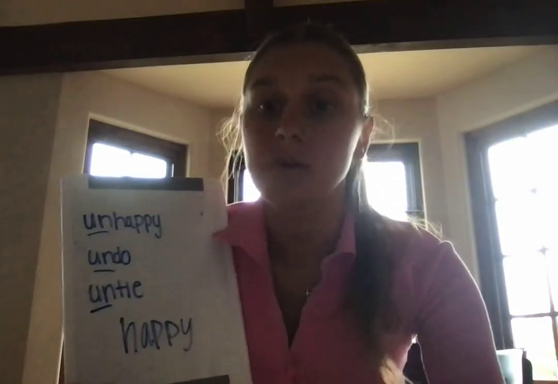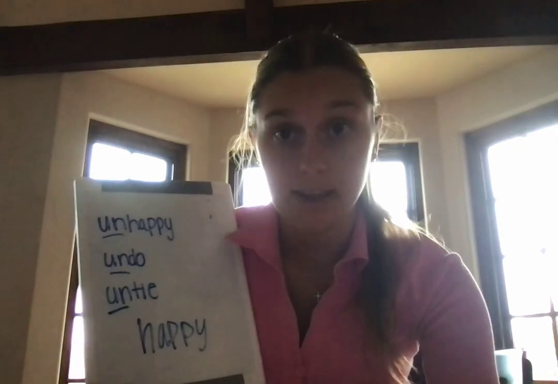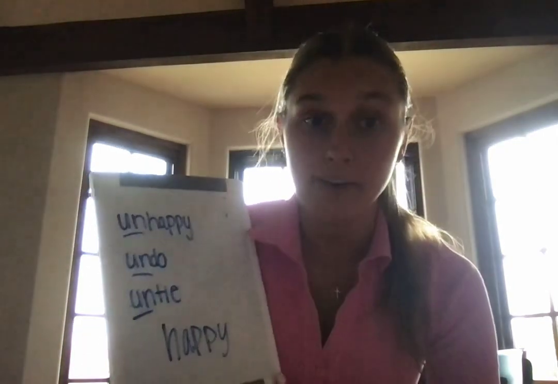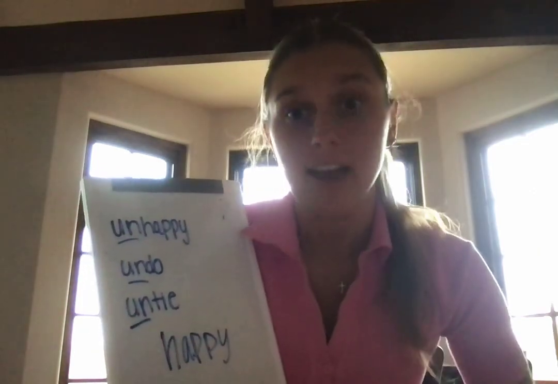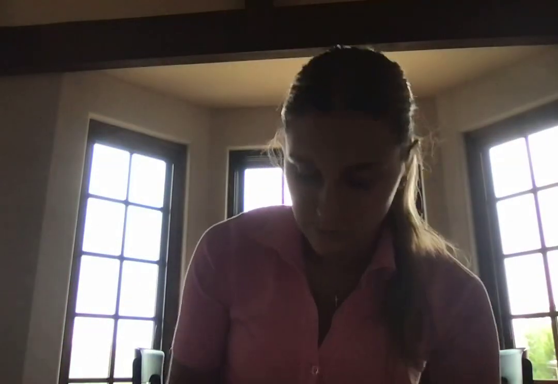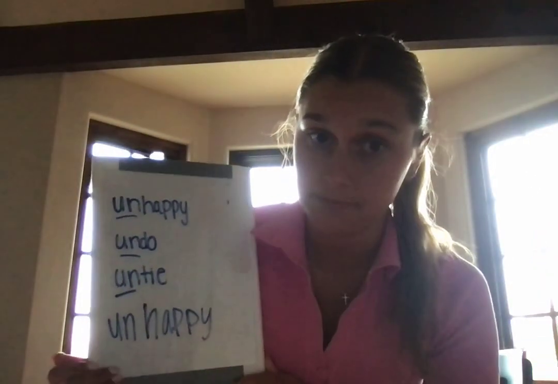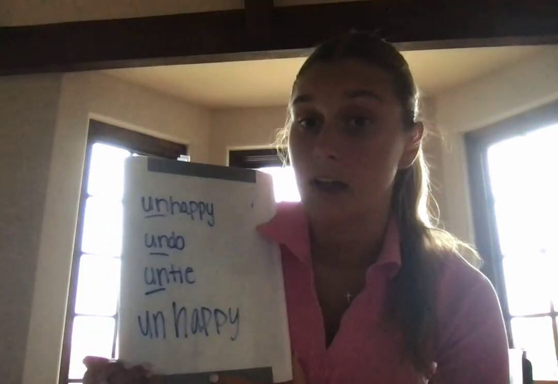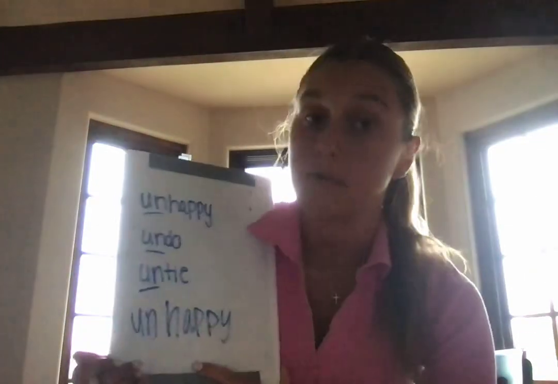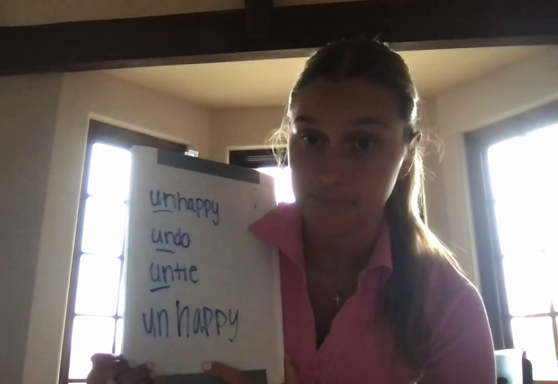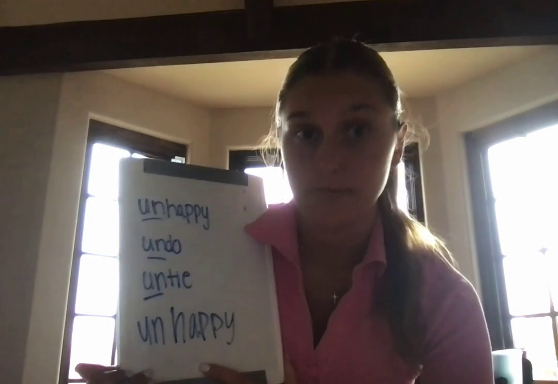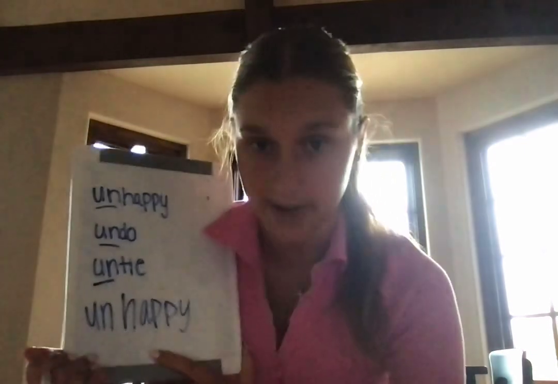Okay, class, so Rosie thinks that the word happy means to smile and feel good. That is a good definition of happy. Thank you, Rosie. Now, can you tell us what you think the word unhappy means? Okay, so Rosie thinks the word unhappy means to frown and feel poorly. Do we all agree with this definition of unhappy? Great, I'm glad we all agree.